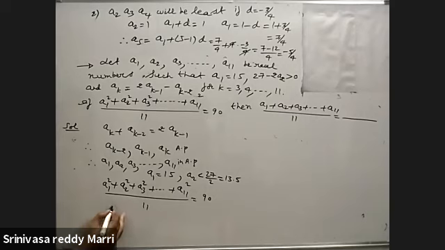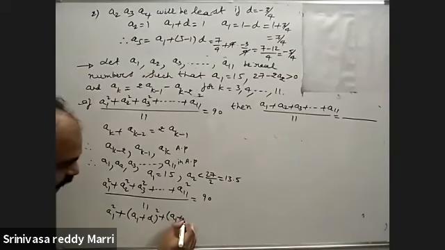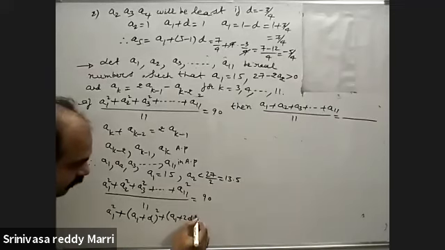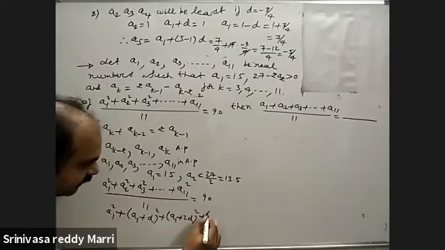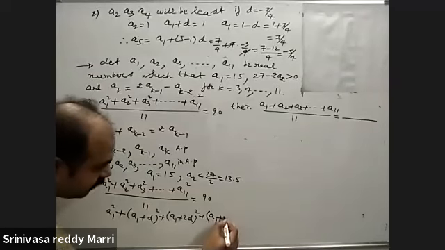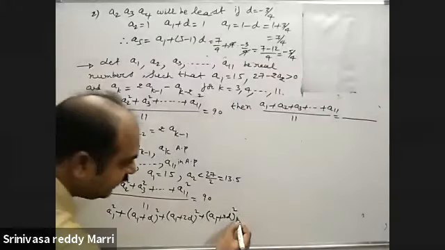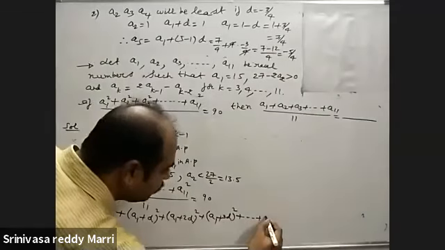Plus a2, if the common difference is d, a2 is nothing but (a1 plus d) whole square. a3 is the third term, (a1 plus 2d) whole square. Next term will be (a1 plus 3d) whole square, like that till a11 square.